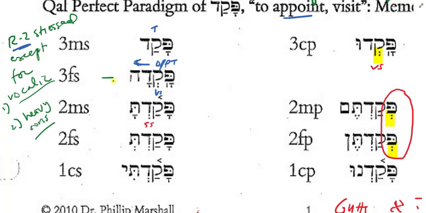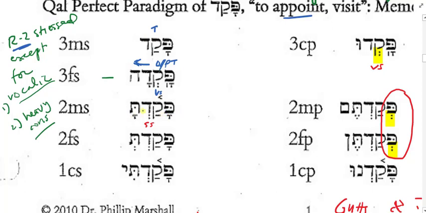Those vocalic endings are like the big kid that you put on the back of the tug-of-war rope, right? And he pulls everybody to the back, okay? Vocalic endings are like the chubby kid at the back, the anchor, right, of the tug-of-war rope. All right? And then we'll see some other places where the accent gets pulled to the back. If there's no vocalic ending, then I'm going to want to try to stress root 2. So pakad, root 2, and pakadta, root 2. Pakadta. So this is you man appointed.